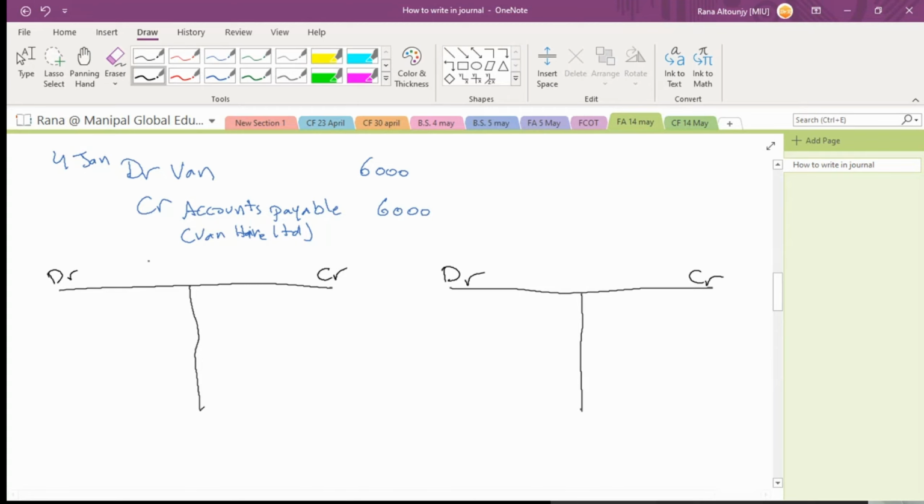So we have the van account, and we have accounts payable. Okay, so how can we transfer this transaction to the ledger? If you remember, this part we call the journal, and this part we call the ledger.